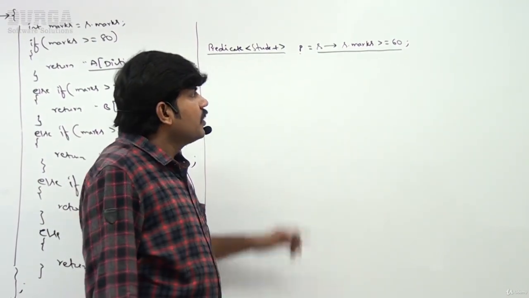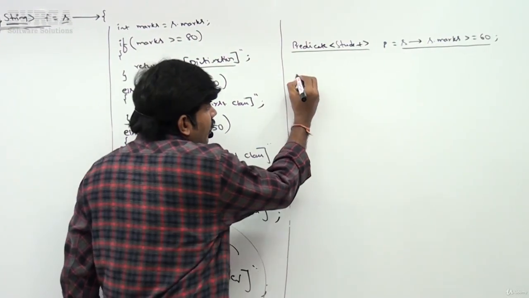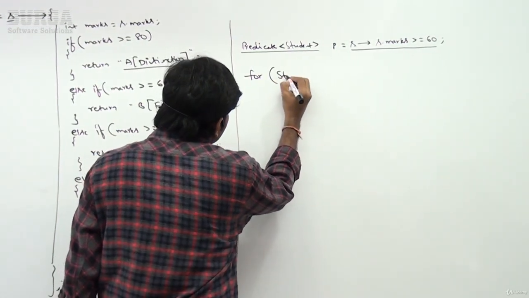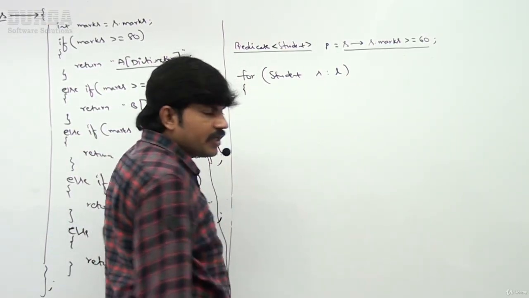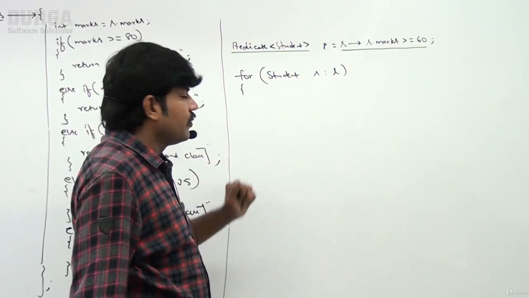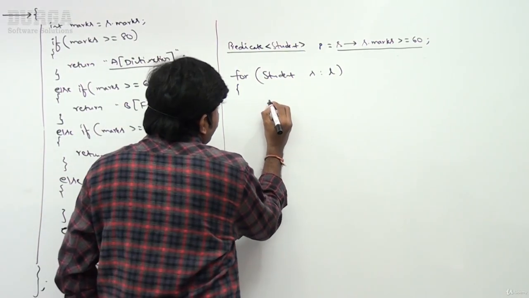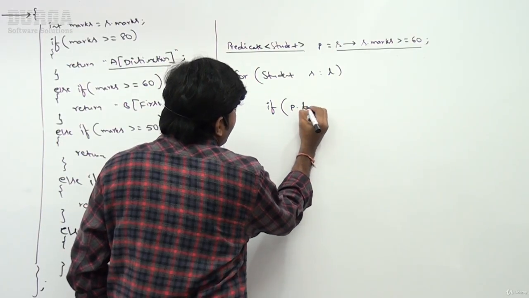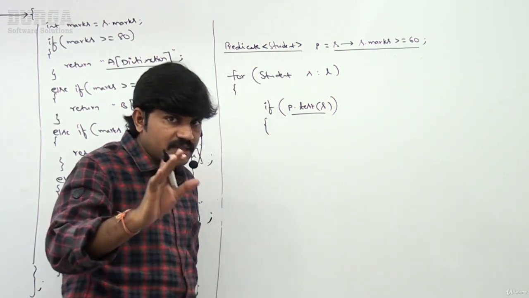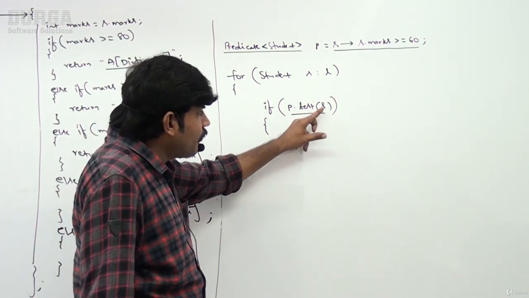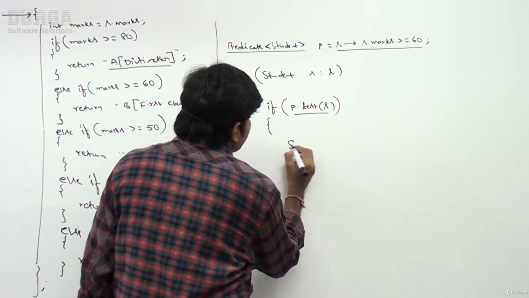Now what I want to do is use this predicate and this function. Observe that. For each student s in L, for every student, first apply this predicate. If p.test(s), that is, if this predicate is satisfied, meaning the student marks are greater than or equal to 60, then only print the student name, s.name. Next, the student marks, s.marks.